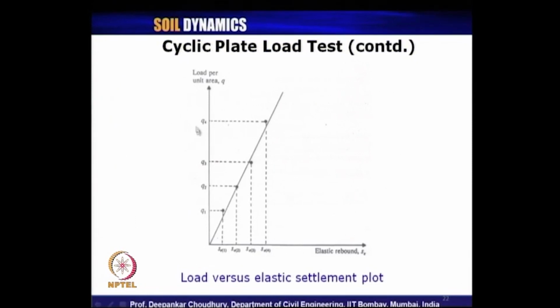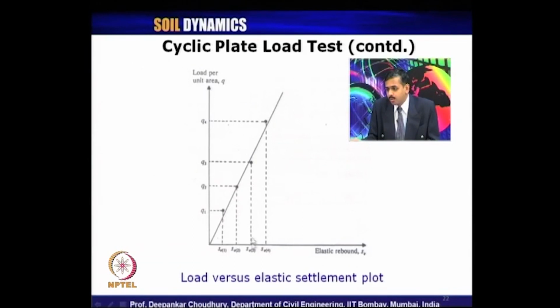Next we are drawing another plot with this y axis as load per unit area, that is small q, and this x axis as elastic rebound or elastic regain or elastic settlement, which we have just now estimated from the original load settlement curve of the plate load test. So, this is SE1 corresponding to Q1, SE2 corresponding to Q2, SE3 corresponding to Q3 and SE4 corresponding to Q4. So, these are the different numbers of points.